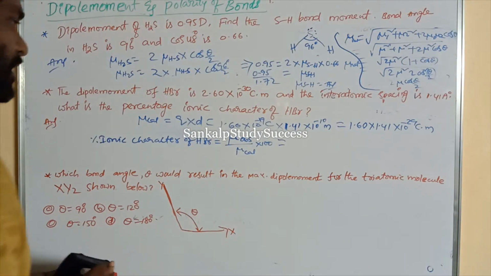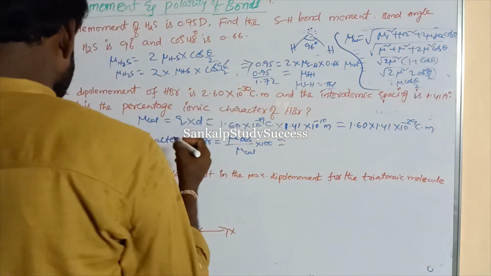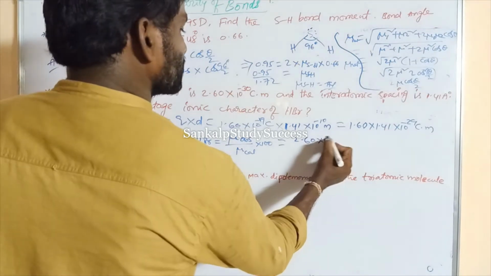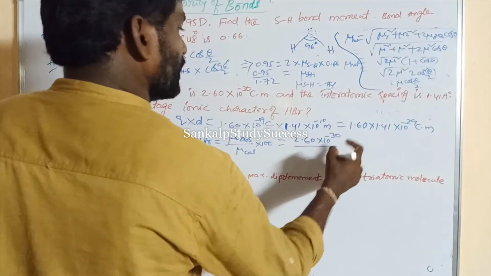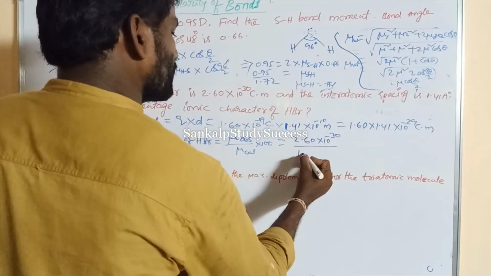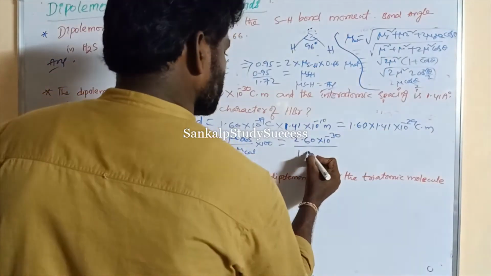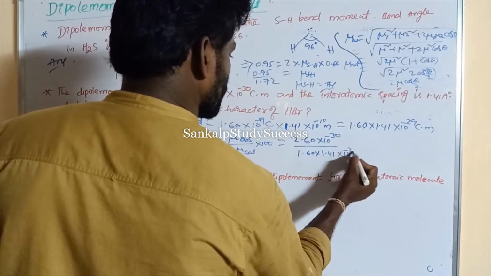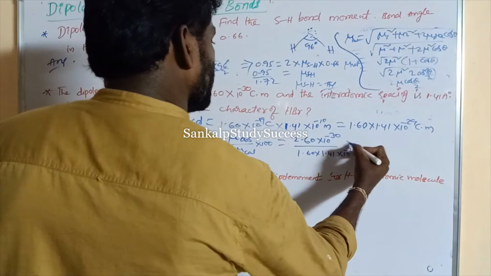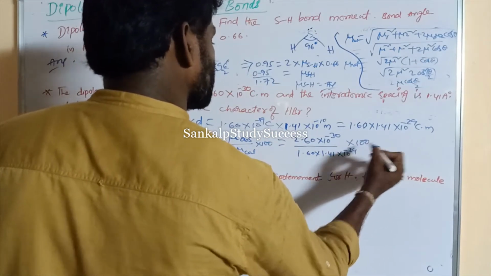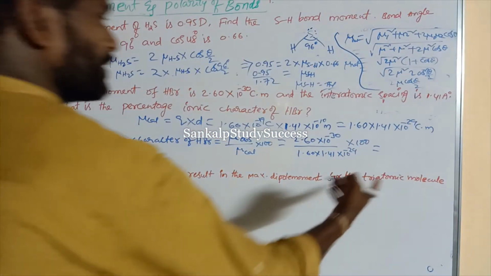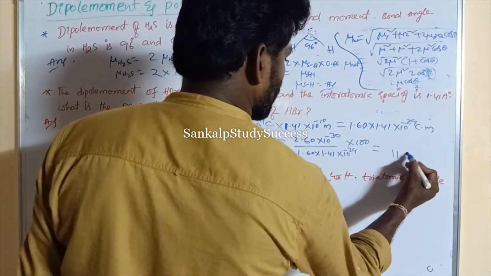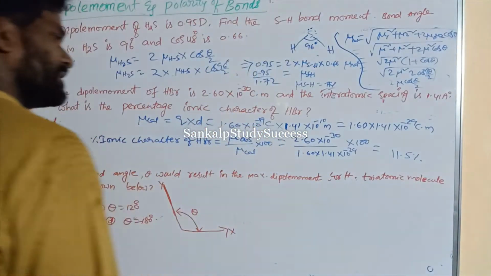Mu observed value is 2.60 into 10 to the power of minus 30 coulomb meter, divided by 1.60 into 1.41 into 10 to the power of minus 29, into 100. If it is simplified, finally we got the answer: the percentage of ionic character is approximately 11.5 percent.